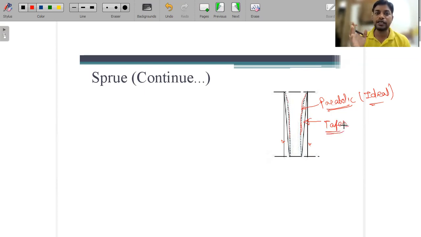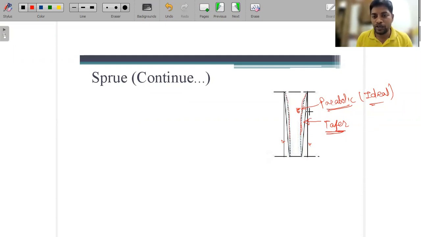Why are we using the taper? There is a simple answer: forming the geometry, this parabolic geometry, is not an easy task, it takes a lot of time. So that's why we are using the taper section. By the way, the actual shape that we have to consider should be parabolic, so that the air aspiration effect can be prevented.